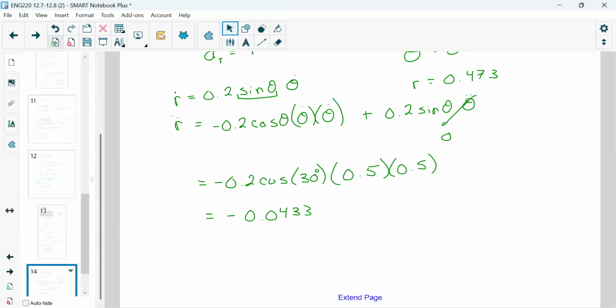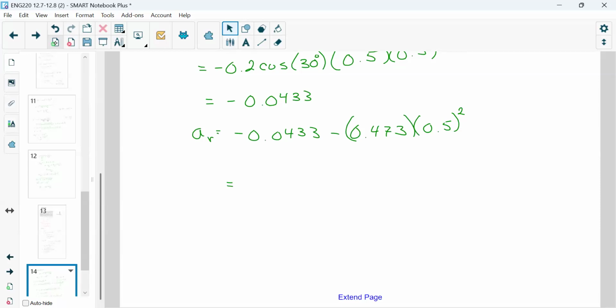Cool. So let's figure out what our a sub r is. Our a sub r is going to be negative 0.0433 minus 0.473 times our theta dot squared, so that's 0.5 squared.